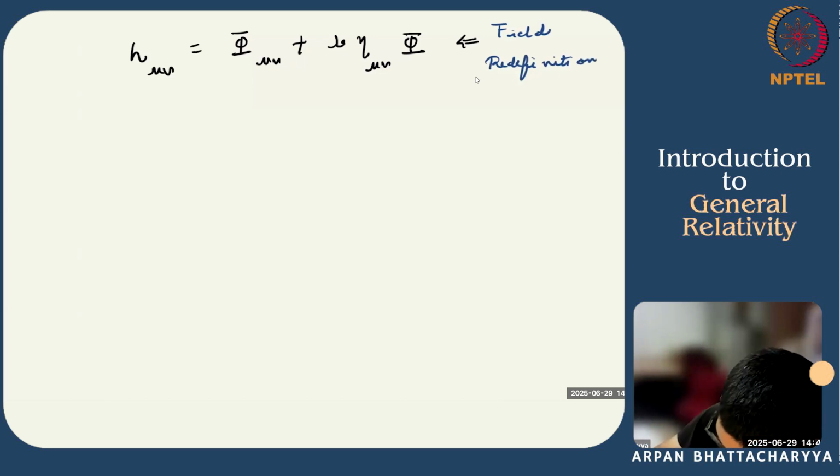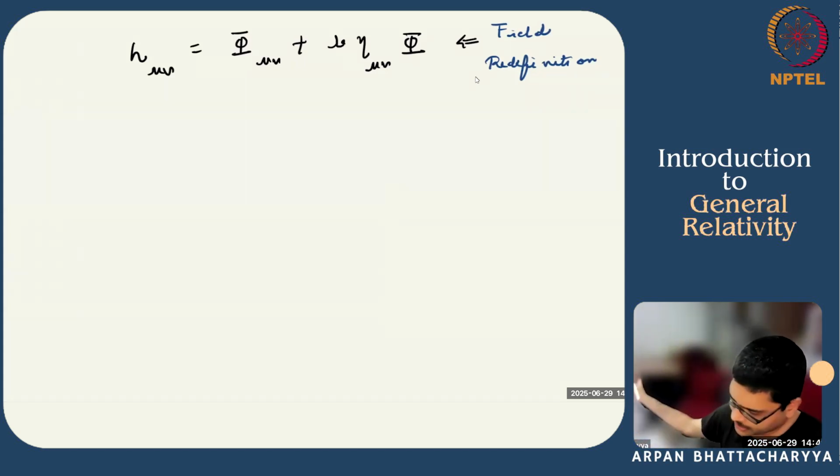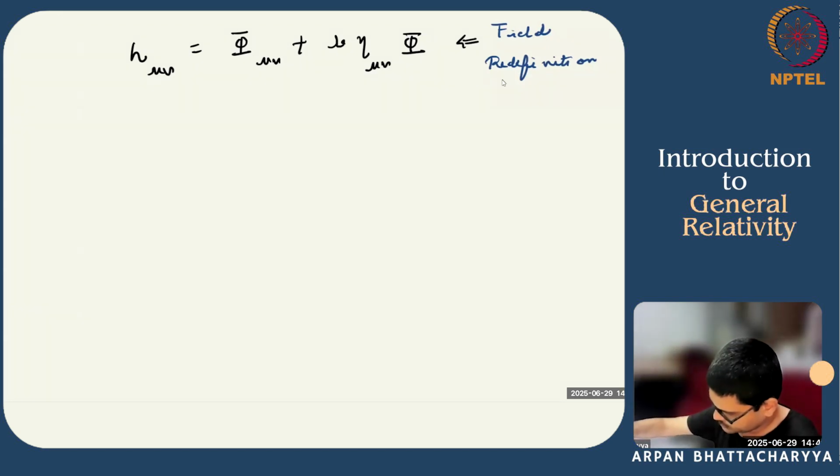So if you rewrite this in terms of h mu nu, then basically you get a similar looking equation. But still, again, let's write it down explicitly.